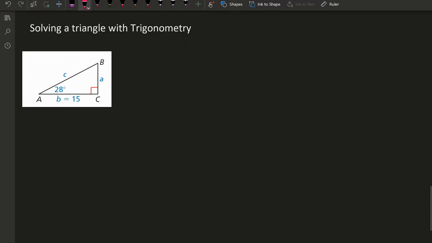So if I know that angle C is 90 and angle A is 28, then angle B, if I add it, they're going to have to add up to 180. So I can just combine like terms and get 118 plus B equals 180. We'll subtract 118 from both sides and we'll get B is equal to 62.